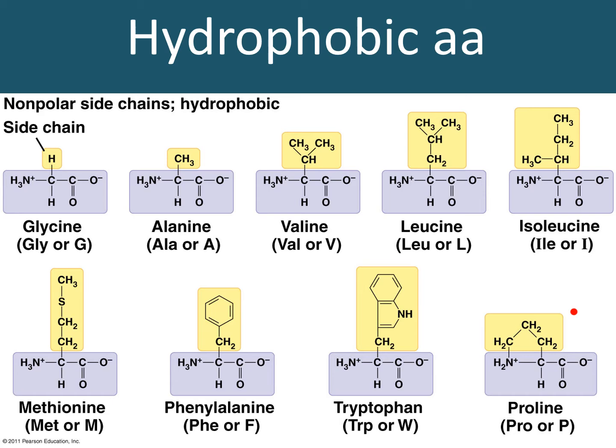Hydrocarbons, as the name implies, are compounds mostly composed of hydrogen and carbon. Like other hydrocarbons, nonpolar amino acids do not mix well with water. The other hydrophobic amino acids include alanine, valine, leucine, isoleucine, methionine, phenylalanine, tryptophan, and proline.